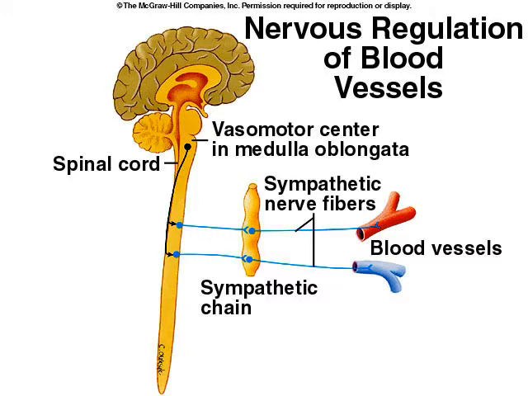If you remember, the sympathetic nervous system will emanate from the thoracic or lumbar portions of the spinal cord. It runs down the intermediolateral cell column of the spinal cord.